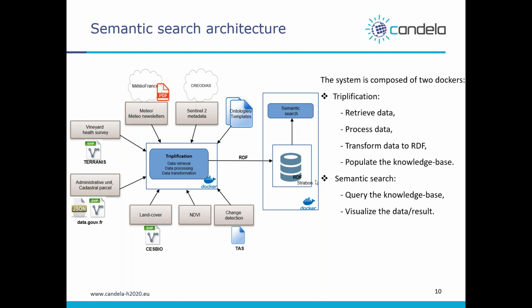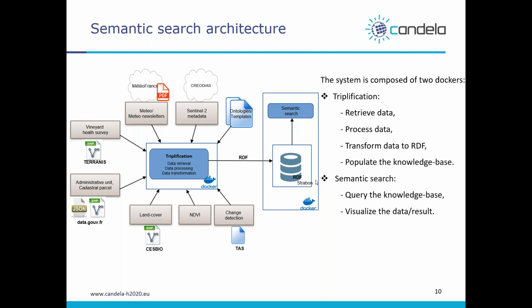For example, the chain detection: why it's a low chain or high chain in a certain area. And our system is composed of two Dockers. The first one is used to retrieve the data sources, process the data, and transform the data to semantic format.